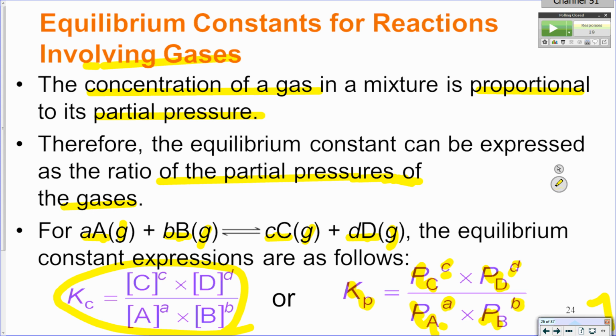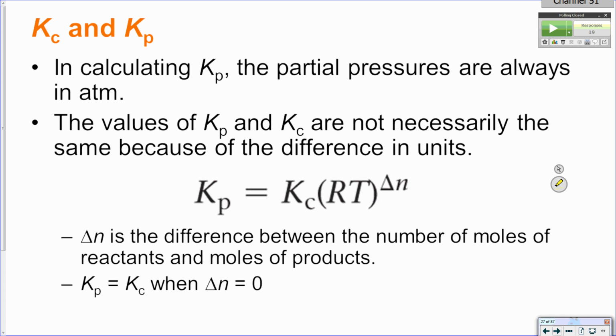Now, sometimes K sub C and K sub P are equal to each other, and sometimes they're not. K sub P is always described in terms of atmospheres. Previously we talked about torr or millimeters of mercury, but now we have to convert everything into atmospheres for our calculations.